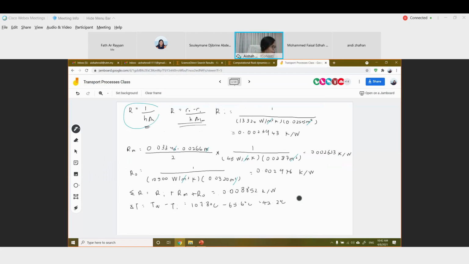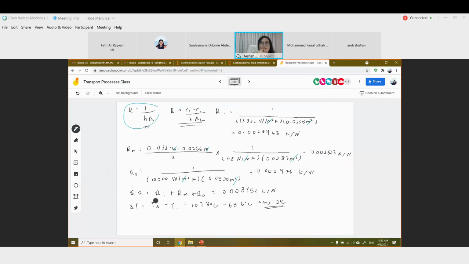So using the temperature difference between the wall and the inlet, the water going in, we can calculate the temperature drop across the water.